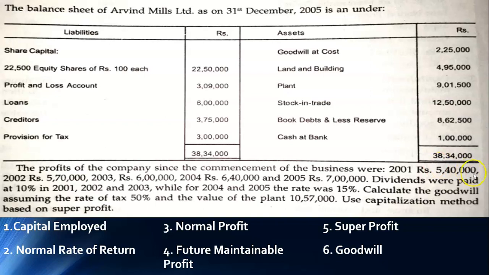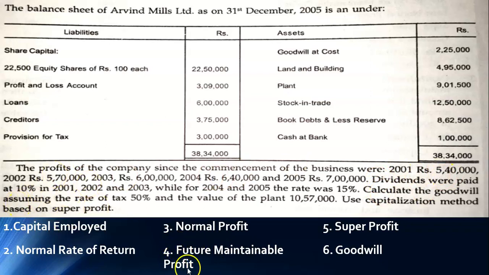And the respective profits are 5,40,000, 5,70,000, 6 lakh, 6 lakh 40, and it is in an increasing trend, right? The next one is, dividends were paid 10% for 2001, 2 and 3, while for 2004 and 5 the rate was 15%. Calculate goodwill assuming the tax rate of 50%.